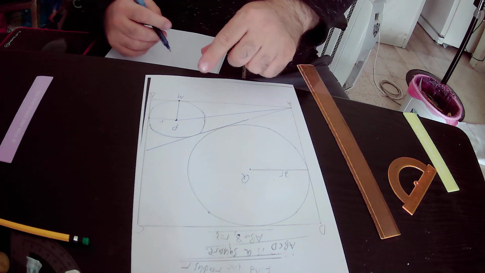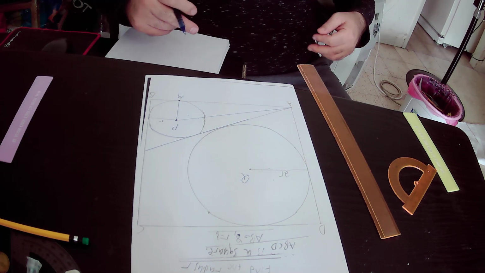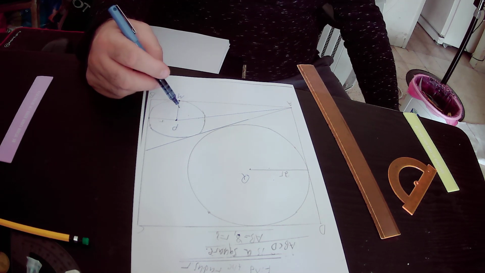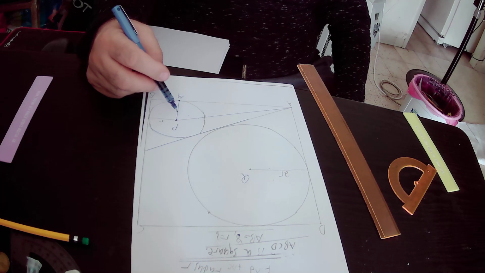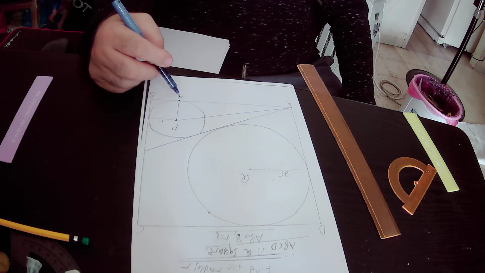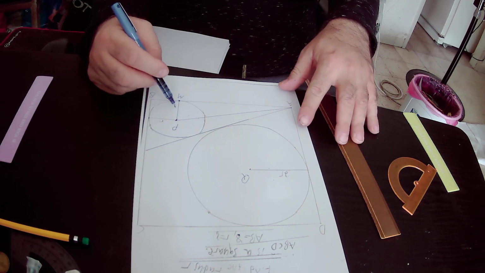Actually, line segment PM is the radius of the small circle because line segment PM starts from the center of the small circle, that is to say from point P, and ends at point M, that is the point on the circle itself. For that reason, PM is the radius of the small circle.